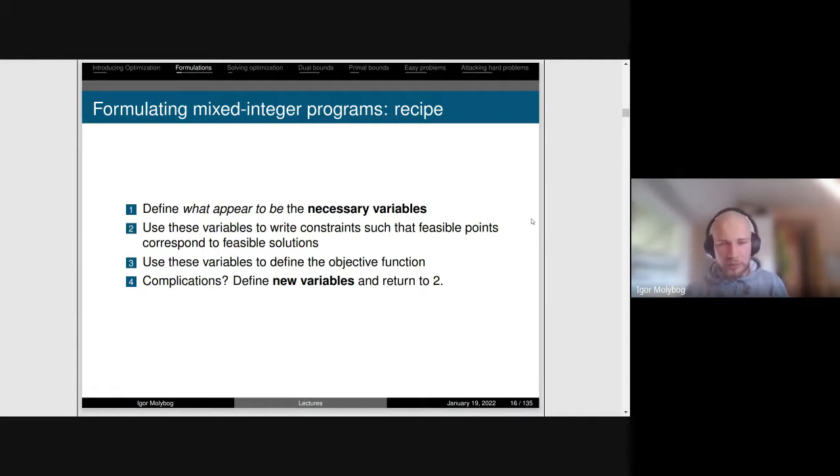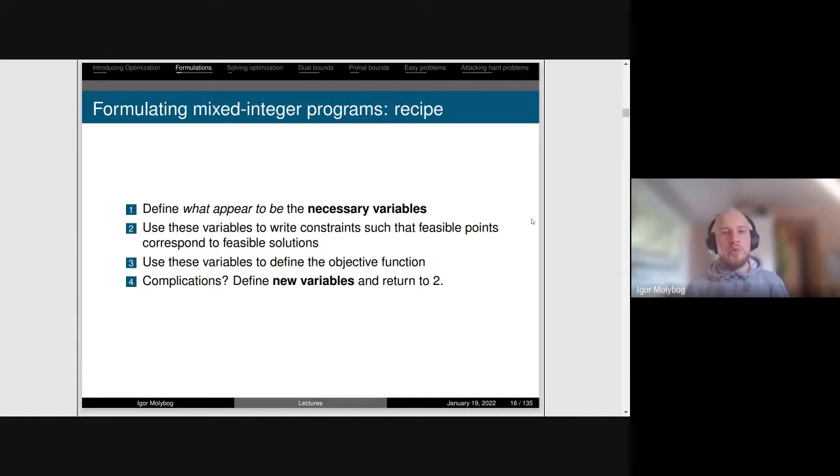Pretty much always, when we have the text of a problem and would like to formulate it mathematically, we start by writing down the necessary variables. You have no guarantee that the variables you come up with are the exact variables you will use eventually, but you need to define what appear to be the necessary variables.